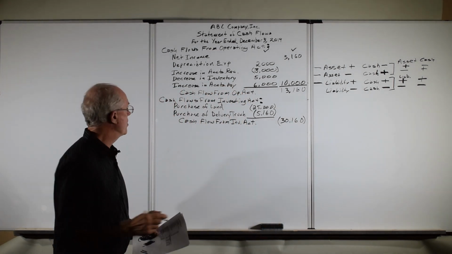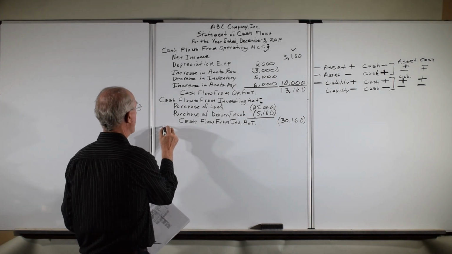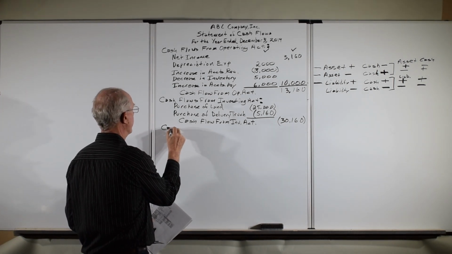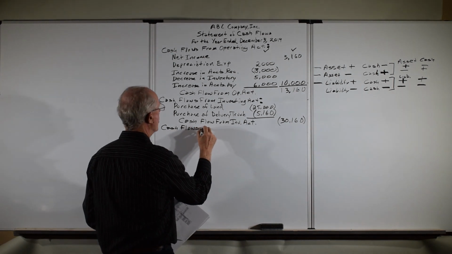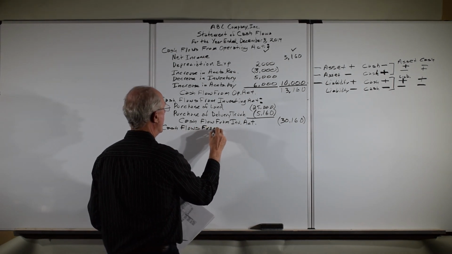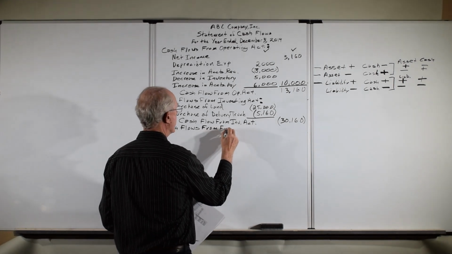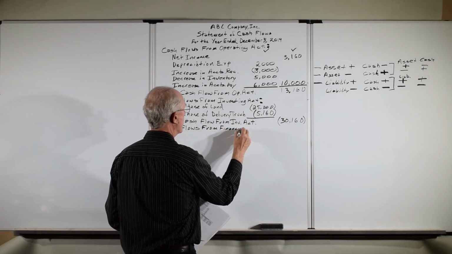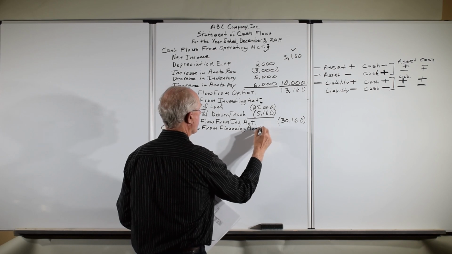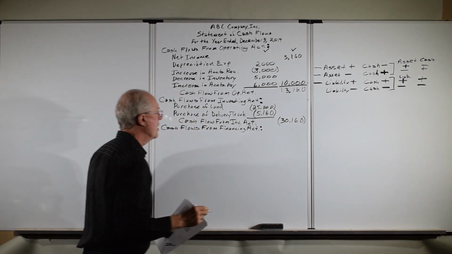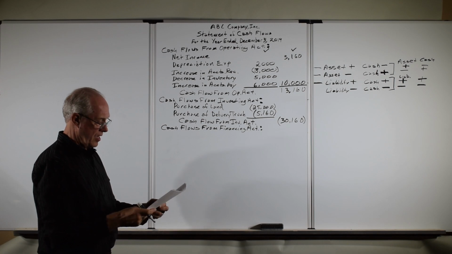The next thing we want to do is our cash flow from financing activities. Cash flows from financing activities, abbreviating a little bit here. And let's see, what do we have?